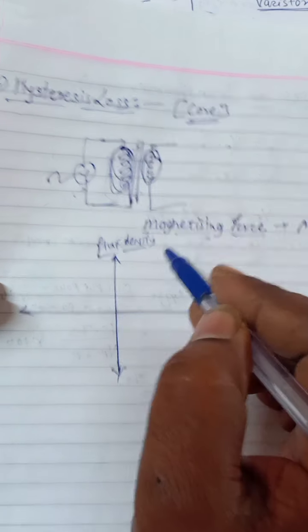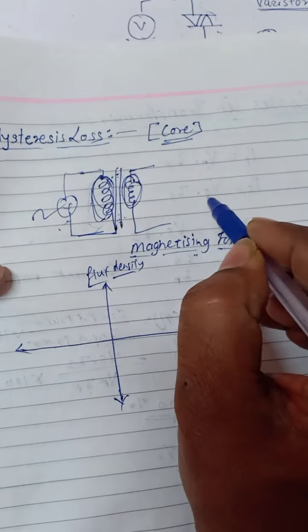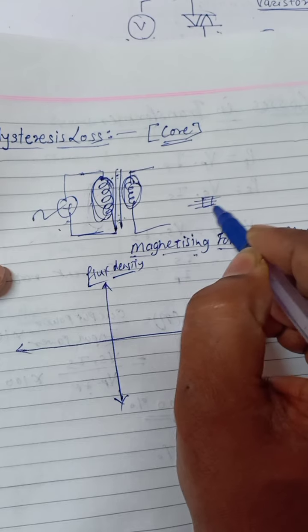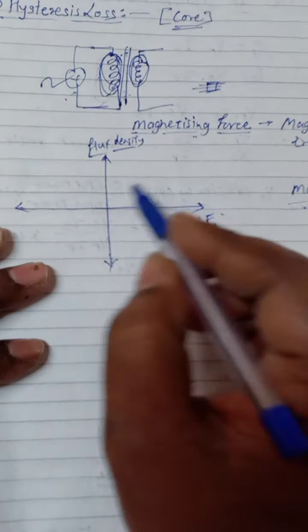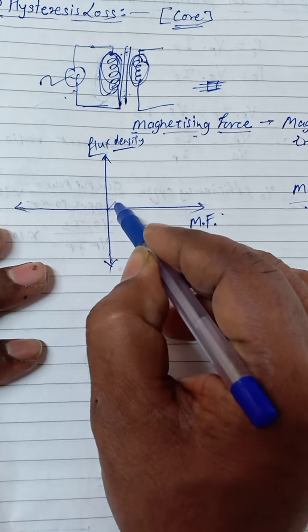This is the flux density. Density means the number of lines crossing a unit area. If we increase the magnetizing force by increasing the voltage, then the flux density goes on increasing.